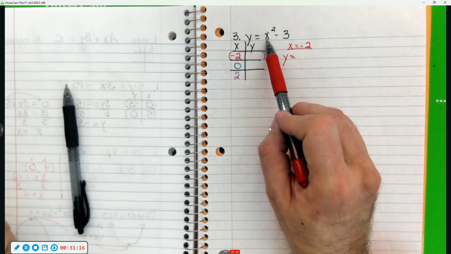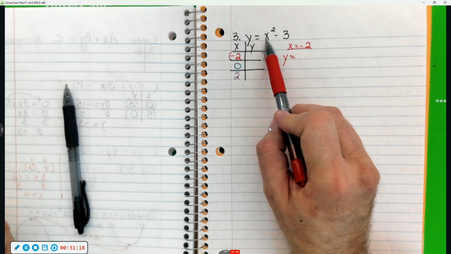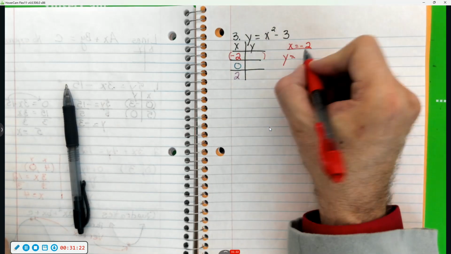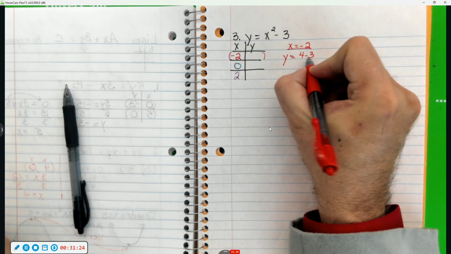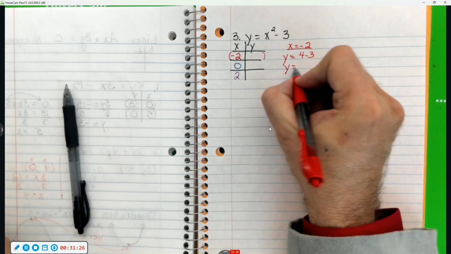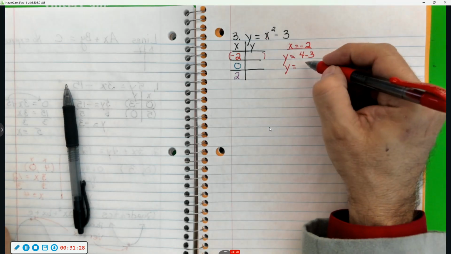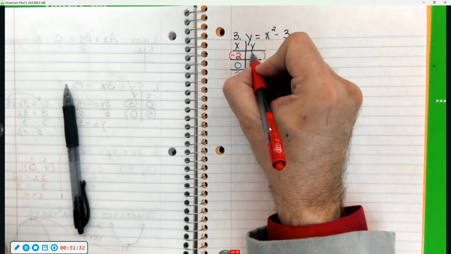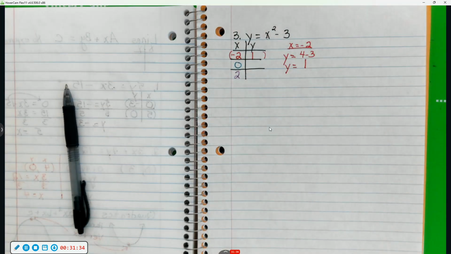Negative 2 times negative 2 is 4. So we have 4 minus 3. What are we getting for y here? Y equals 1. Okay. So there's one of our points.